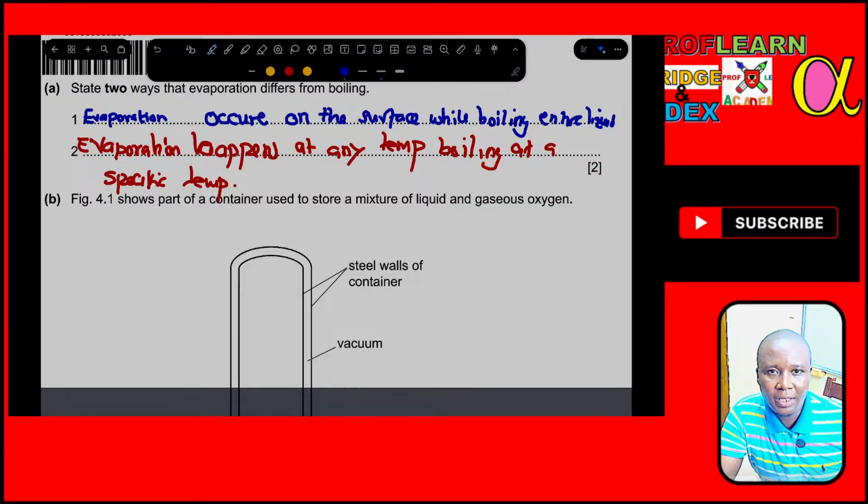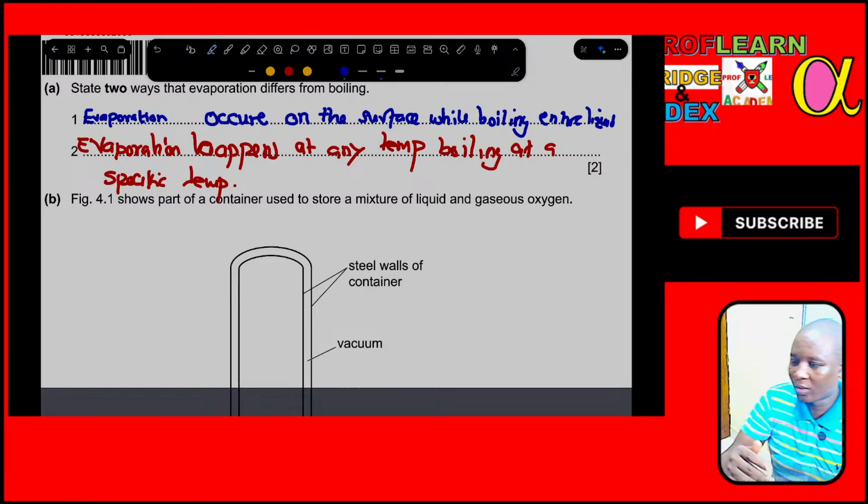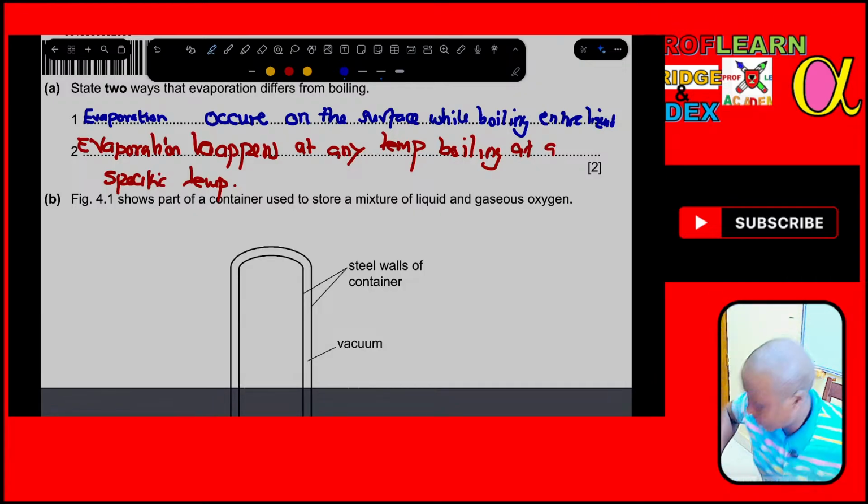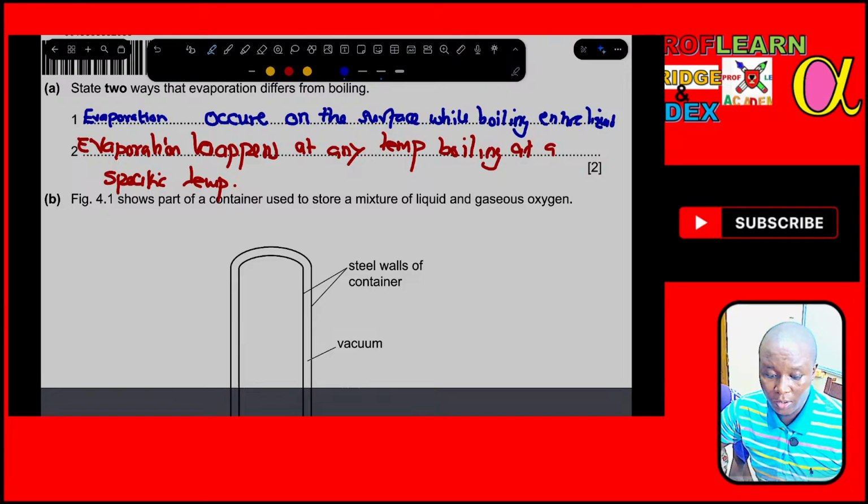Once energetic molecules escape, you have only less energetic molecules remaining, so the amount of kinetic energy that remains behind is less.